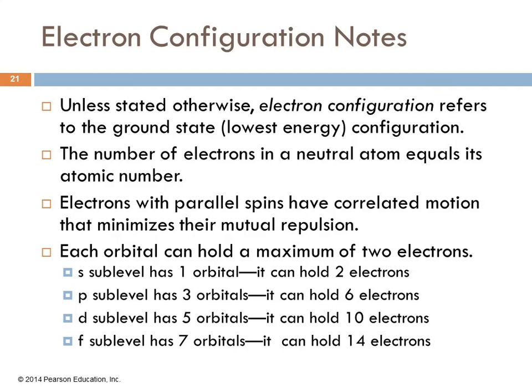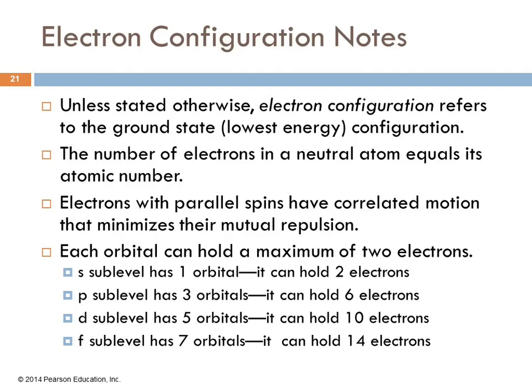Just some notes about writing electron configurations. Unless it's stated otherwise, when we say electron configuration, we mean what's called the ground state, the lowest energy configuration. The excited state happens when you zap it with electricity or put energy into it in some way.